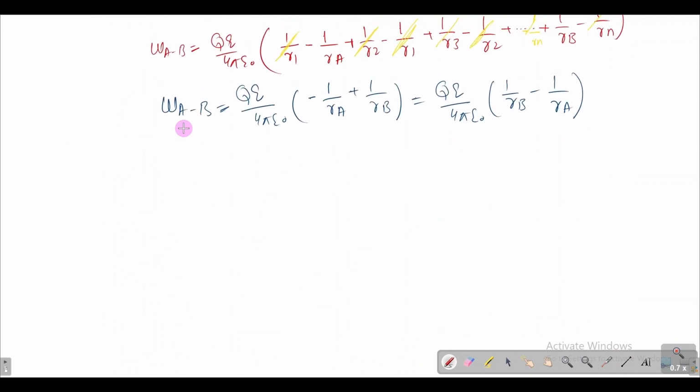So here equation 1 implies that potential difference is equal to the work done from A to B divided by q.